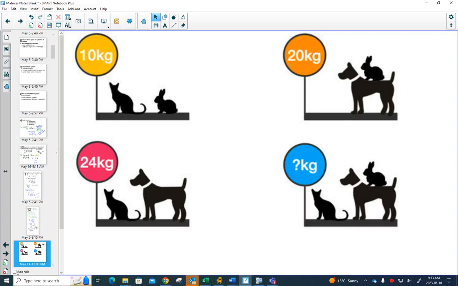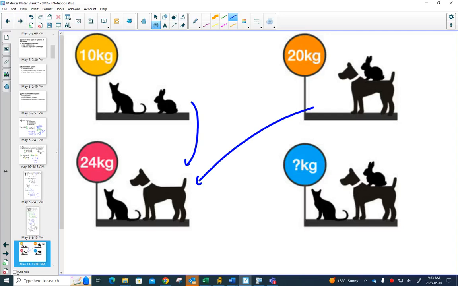So I actually have 2 cats available, 2 bunnies available, and 2 headless dogs. Okay? And I'm going to take these 2 and move them onto this scale. And I'm going to take these 2 and move them onto this scale. What is that scale going to say? It's going to say 54 kilograms. Can you see it?